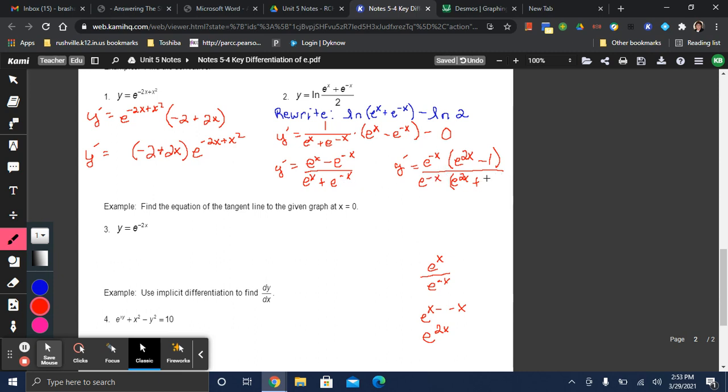When I factor out itself, I get a plus 1. And so I would be able to cancel these because they're not connected with plus signs. So my final answer would be this fraction of y prime equaling e to the 2x minus 1 over e to the 2x plus 1. A very common scenario when working with e. So make sure you look back at that as you need it.